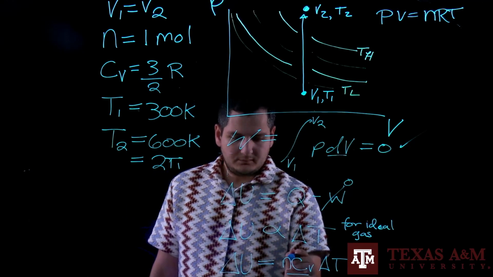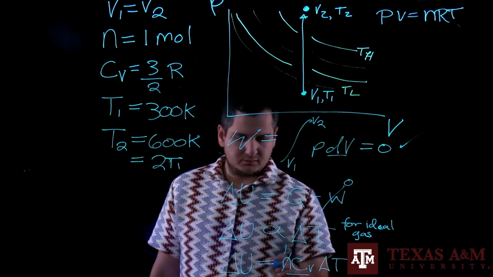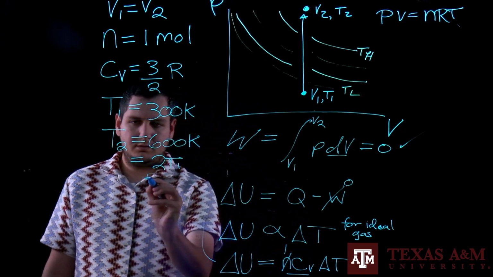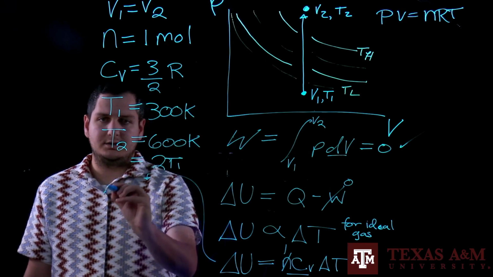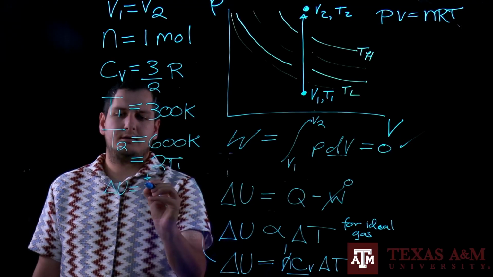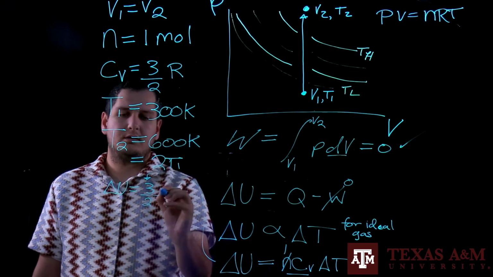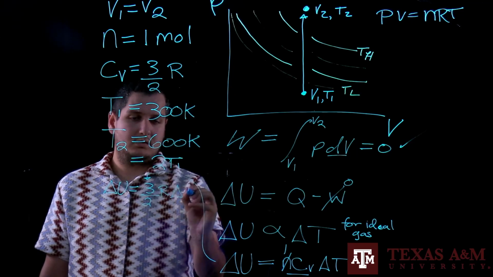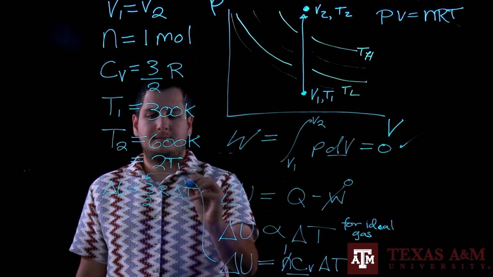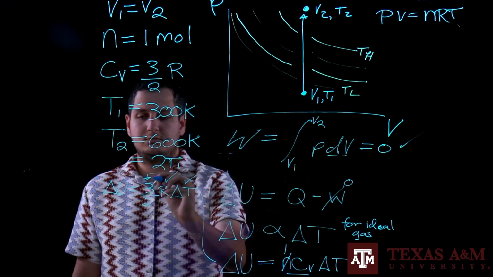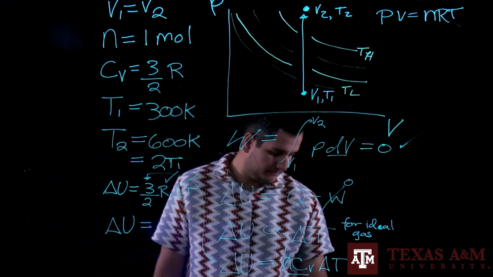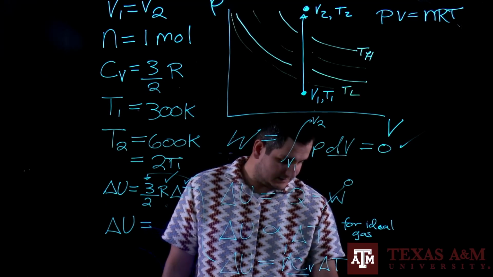So n is equal to 1. We have, let's work over here, we have CV. We know R. Okay. We know delta T. We know R. We know this. Therefore, we can get U. U, in this case, let me see if I have it written out.